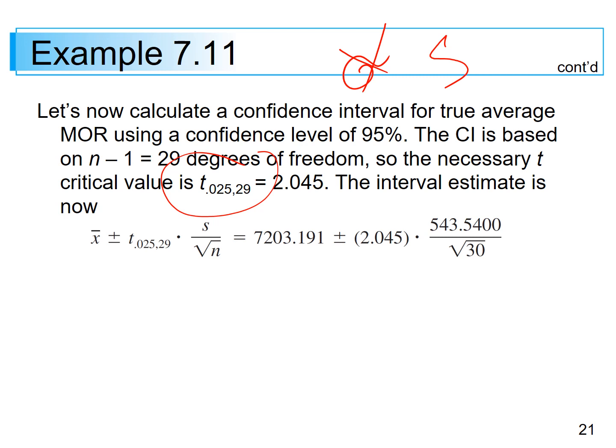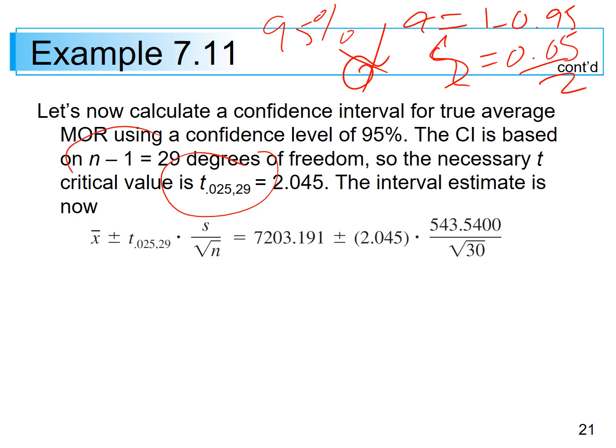Because we're trying to compute the 95% confidence interval, that means alpha is 1 minus 0.95, so it's equal to 0.05. We have to divide alpha by 2. If we're computing a one-sided confidence interval bound, do we divide alpha by 2? No. The other parameter that defines a t-critical value is degrees of freedom, which is computed as sample size minus 1.